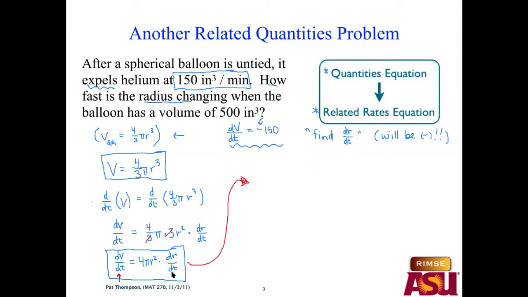I want to find dr/dt. This is our unknown. So I also have to plug in a value for r. It's going to be a little bit messy. So negative 150 equals 4 pi, because, well, we weren't given r, times dr/dt. Now, dr/dt is the thing I'm trying to solve for, so I expected to not have that. But I don't have the radius given.